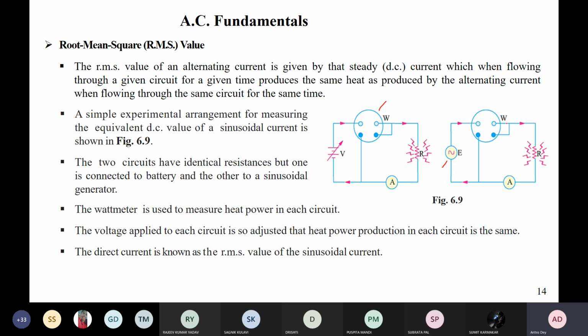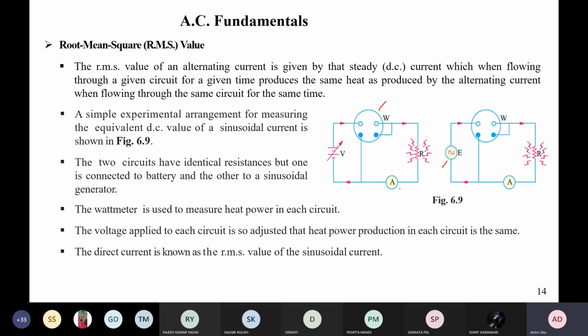Okay. Now to have the same power consumption, we replace the source with a variable DC supply, and we note down the current flowing through it which generates the same wattmeter reading as the AC source. That will give you the RMS value.